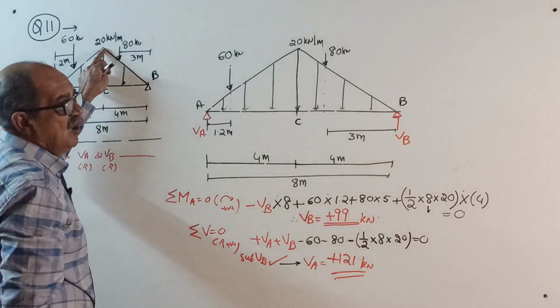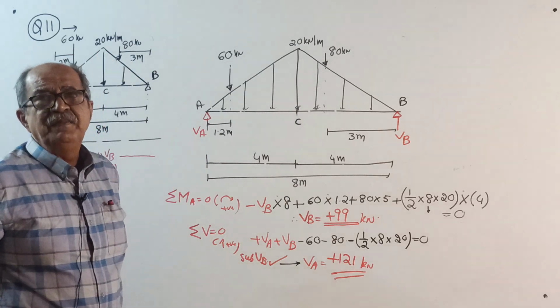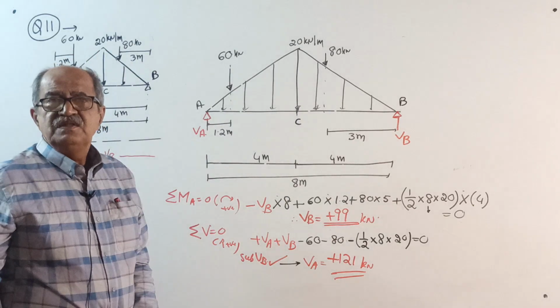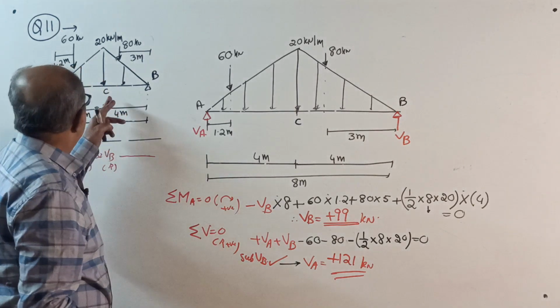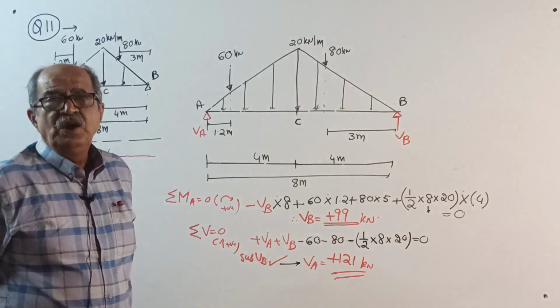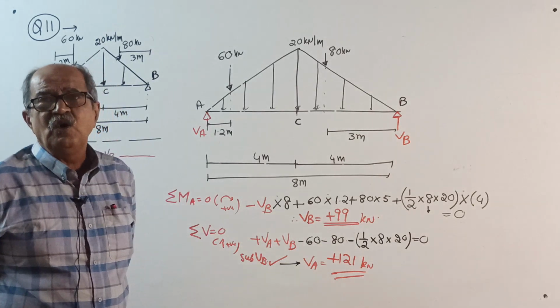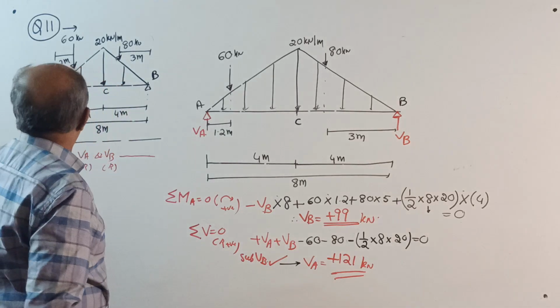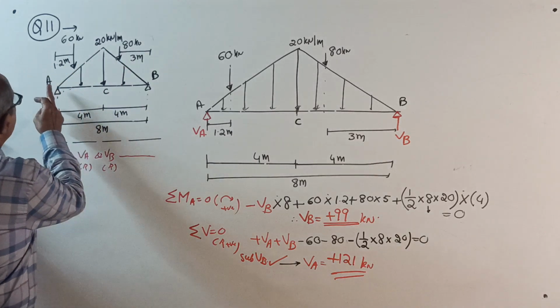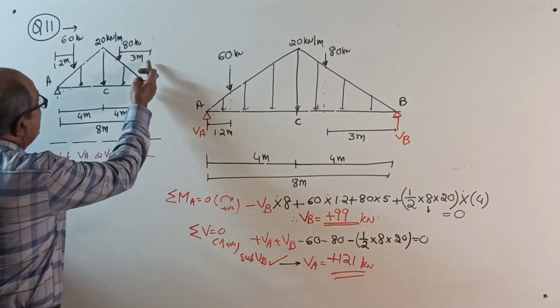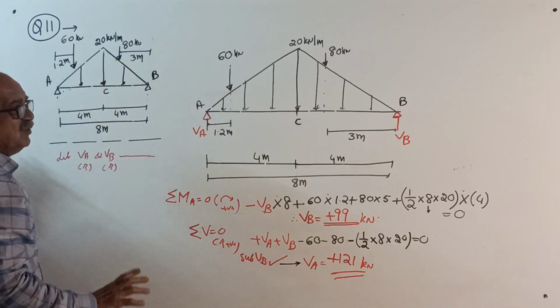Maximum at center of 20 kilonewton per meter. Only this much load we already did earlier. Now, there are two point loads, or concentrated loads, of magnitudes 60 kilonewton and 80 kilonewton at 1.2 meter from left end and at 3 meter from right end, respectively.